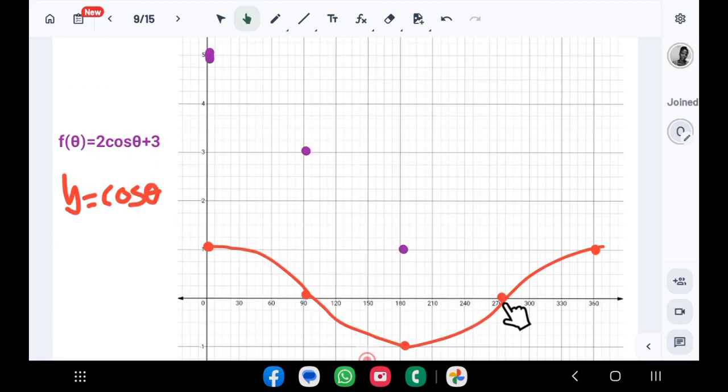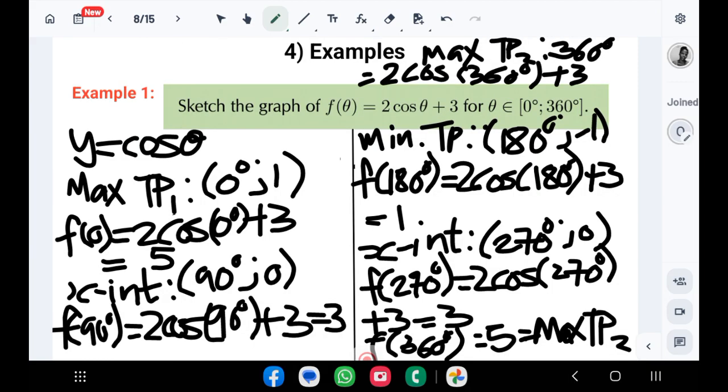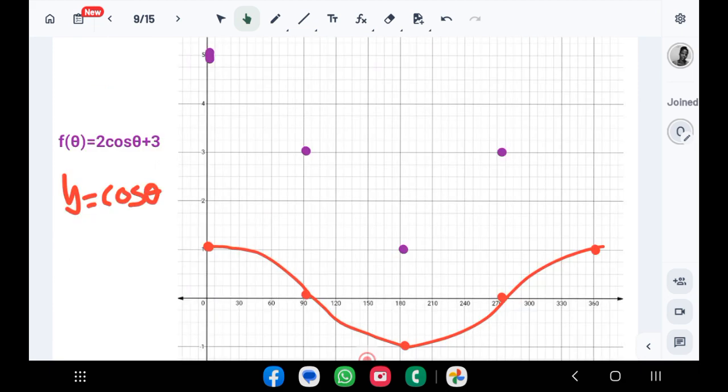Then at 360 degrees, it goes back to 5, so we plot there. Now we join the points.